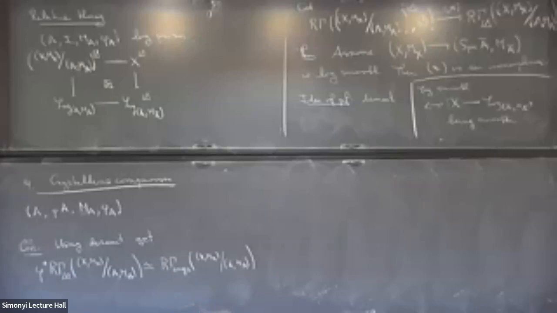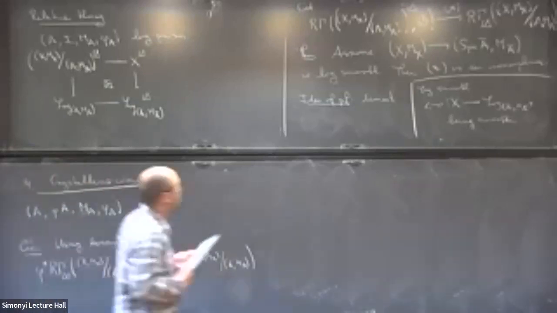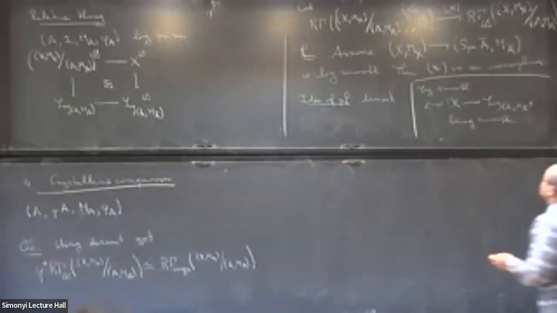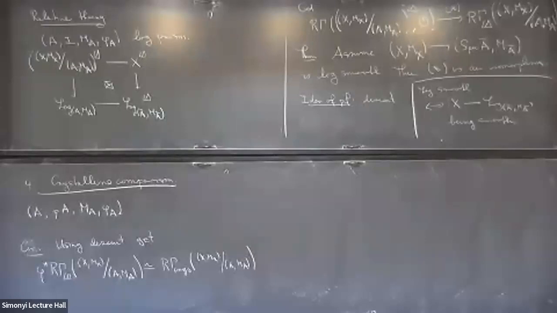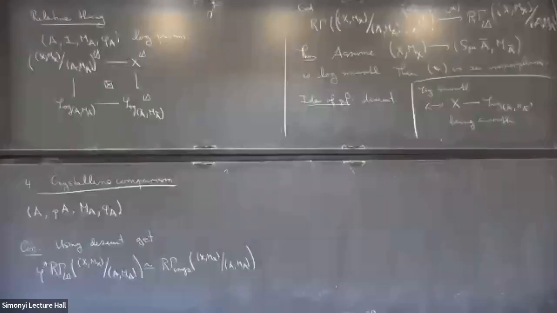Any questions? I have a question on the star here. So I assume, maybe it's not true, you can tell me, if the log structure is given by a normal crossing divisor, let's say, I assume you can assign a crystal in the log crystalline side, which would correspond to all of this divisor.